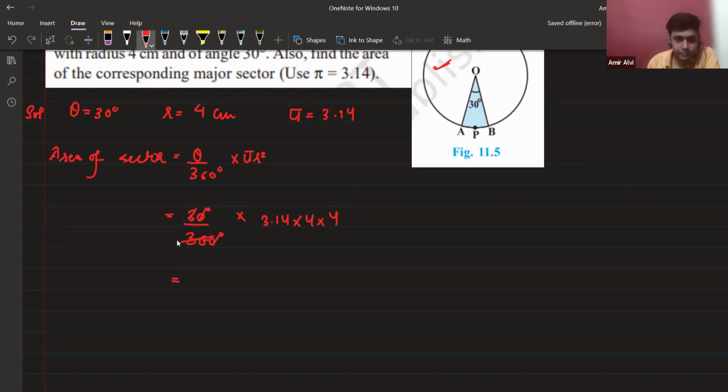3 1s are 3, 36 is 12 3s. So 1 by 12 into 3.14 into 4 into 4. So this will cancel out 3 times. So you can see that it is 3.14 into 4 divided by 3. Clear?